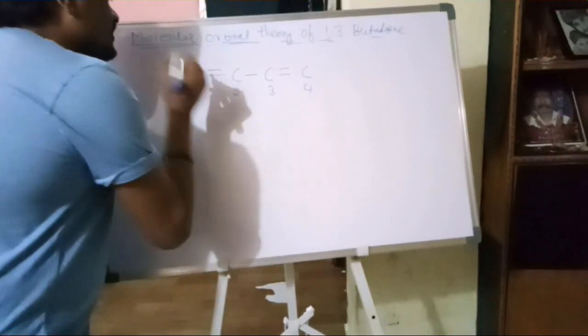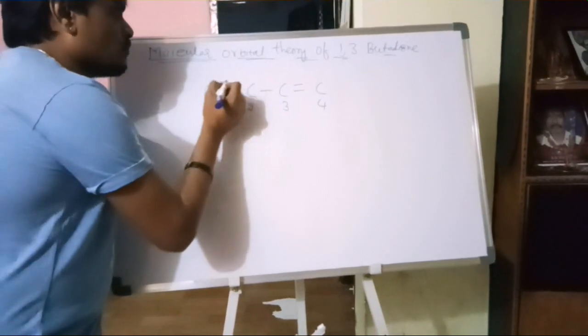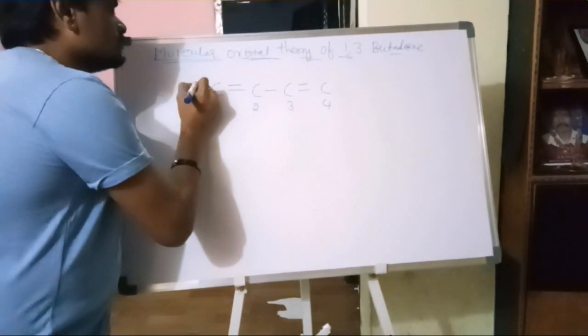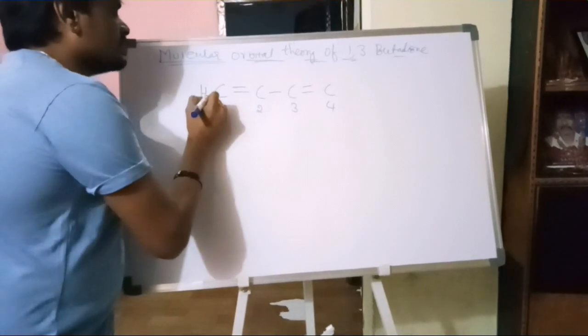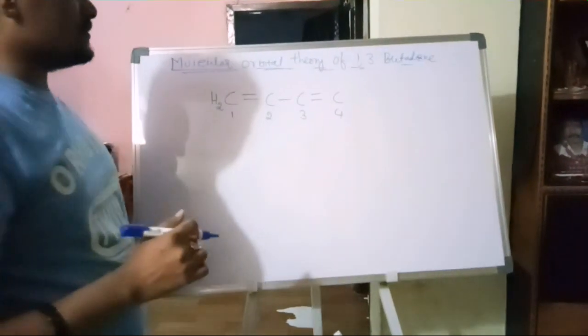Now, let us apply that rule here. This is the first carbon. Around this first carbon, 1, 2 bonds are there. It is lacking 2 bonds to satisfy the valency, so we need to place 2 hydrogens.